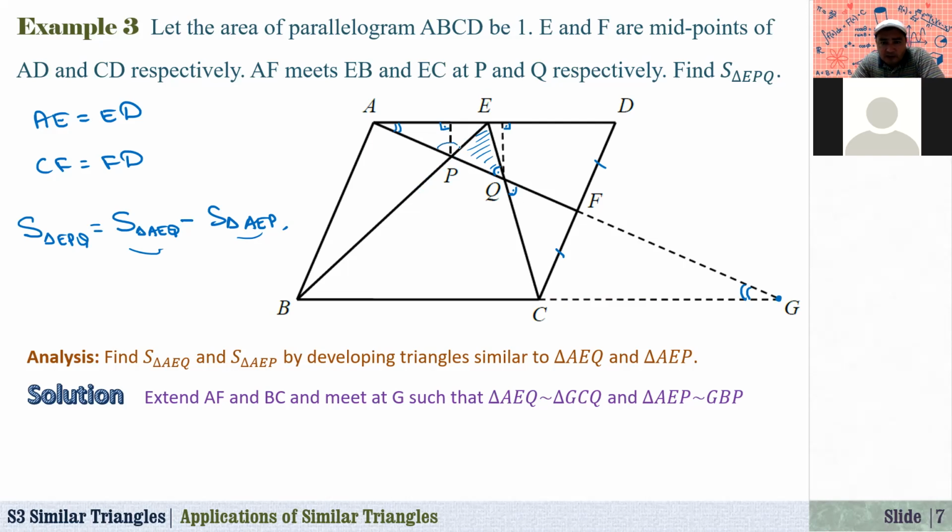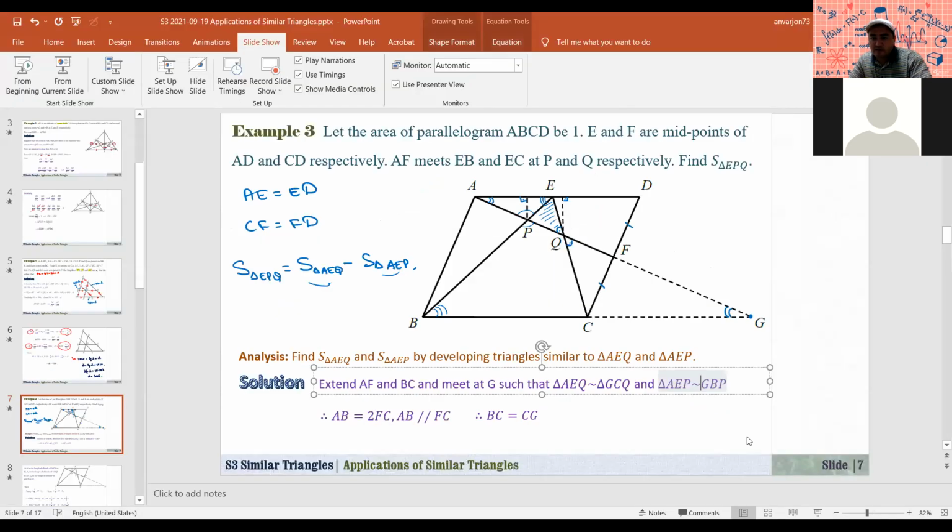Also these angles are vertically opposite angles, and this angle is equal to this angle. That's why these two triangles are similar.